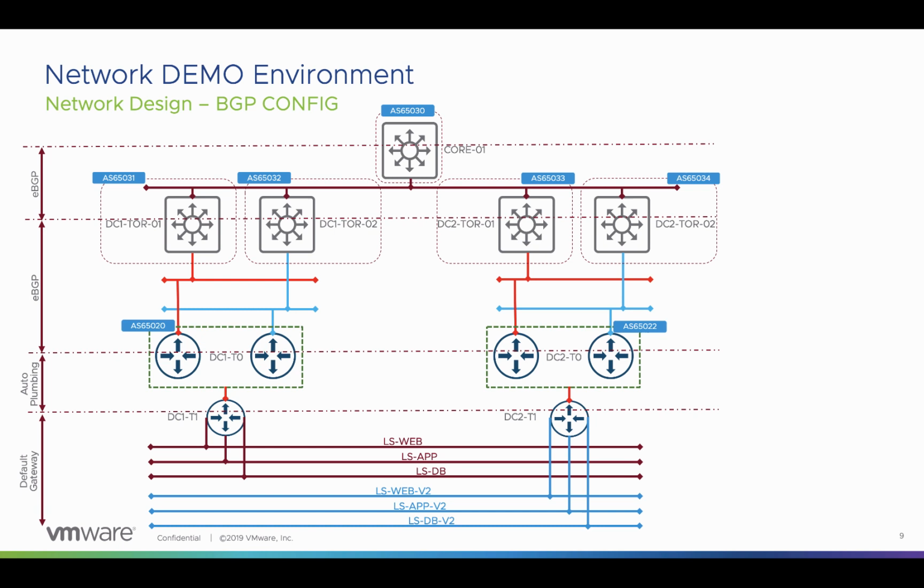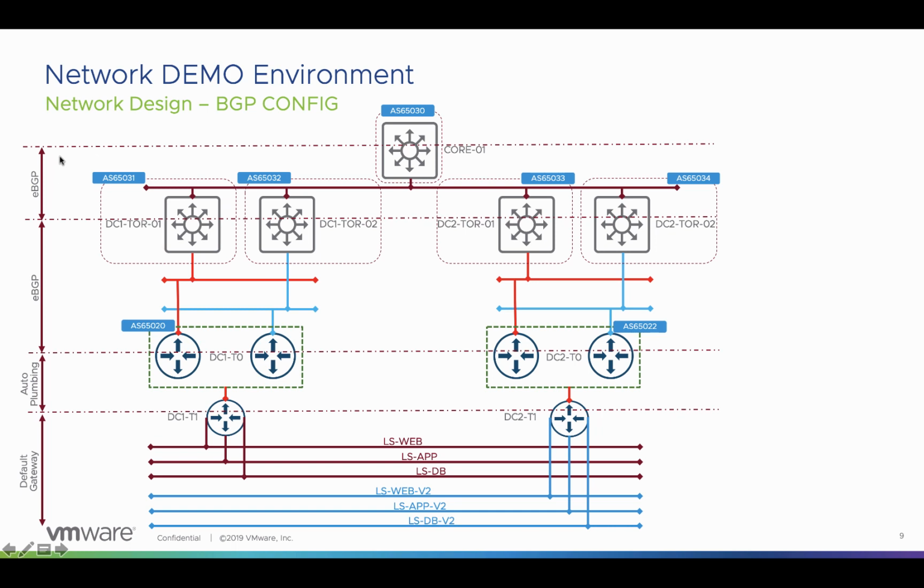And this is the BGP configuration that I have. It's good to know that my DC1 tier 0 is in this AS, ending with 2.0. The DC2 tier 0 router is in another AS, ending with 2.2, and each of my top of rack switches are in different ASs.